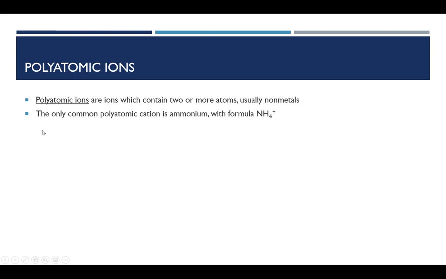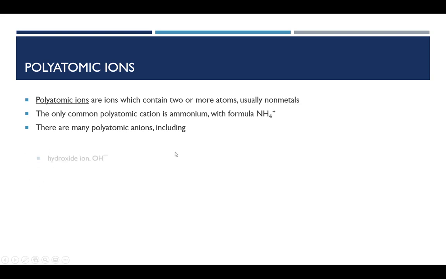They're almost all going to be anions. The only important cation is this one right here, which is ammonium. It's very important that you not confuse ammonium, NH4+, with ammonia, which is NH3, a neutral molecular compound.